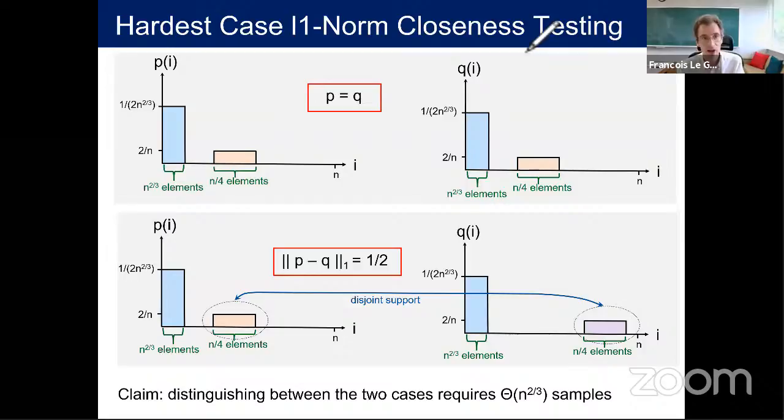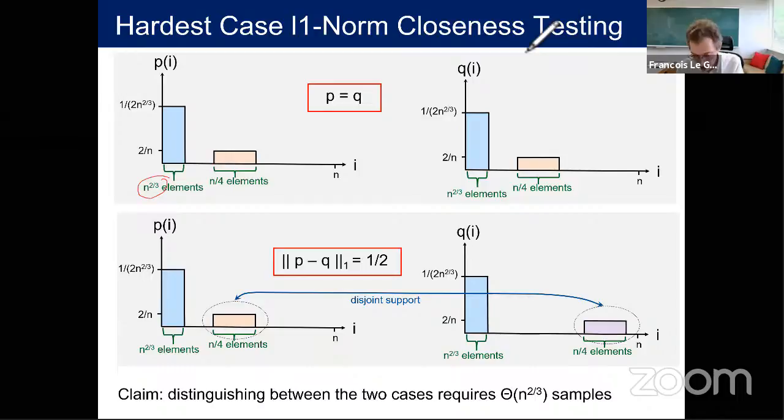In the upper situation, we have n to the 2/3 elements, each appearing with this probability. This means that the probability mass of this region is exactly 1/2.